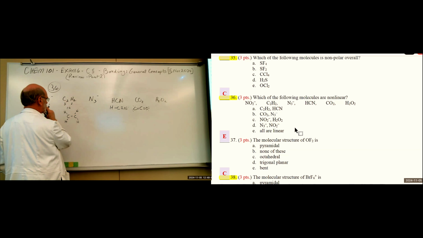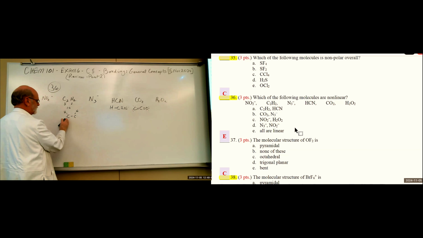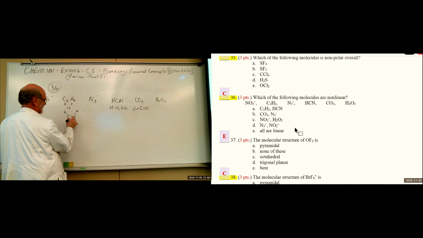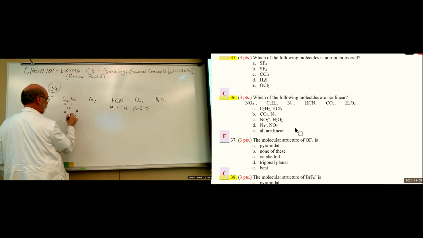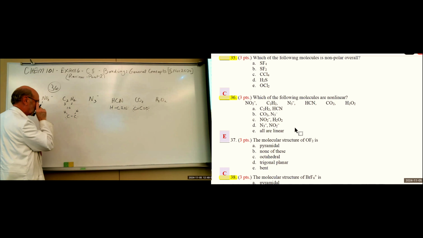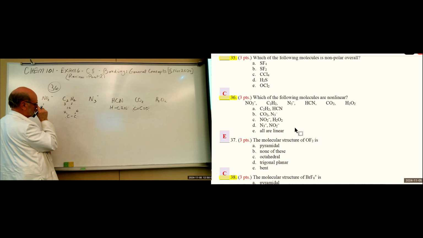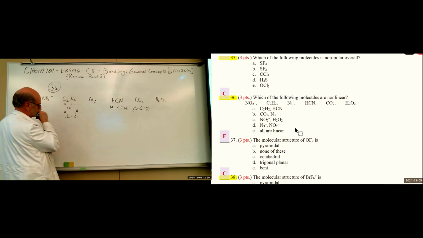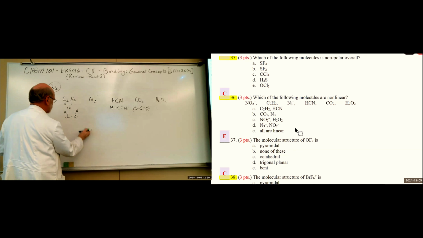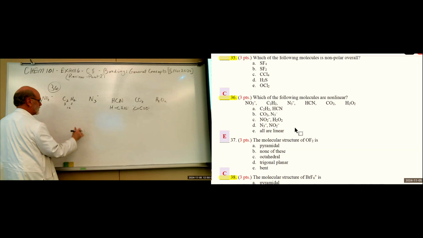I put too many hydrogens in. That was the problem. Okay, 2, 4, 6. I have 4 electrons left over. 2, 4. Let me redraw that. 10 electrons is right.